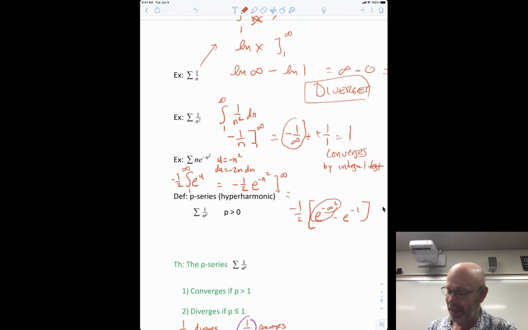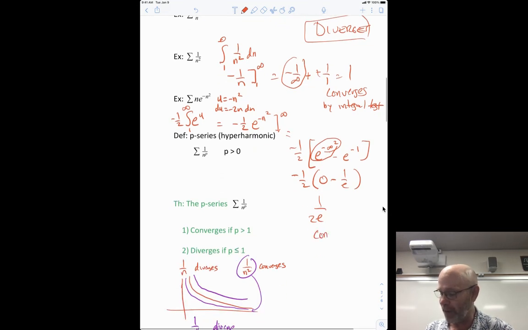This e to the negative infinity squared is e to the negative infinity. Basically, it's 1 over e to the infinity. It's just 0. It's getting smaller and smaller and smaller. 0 minus 1 over e, which I guess is 1 over 2e. It's just some number. The whole idea is just a number. If it's a number, it converges by the integral test.